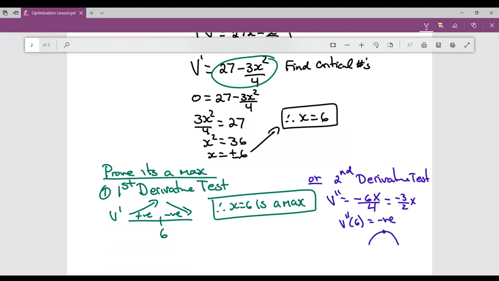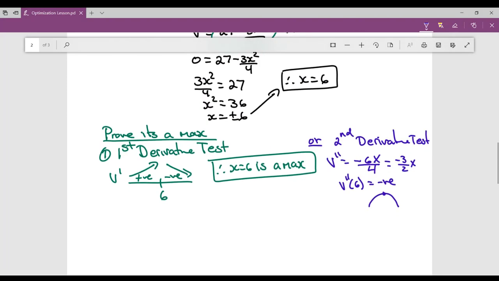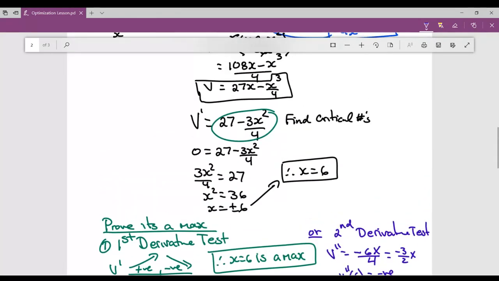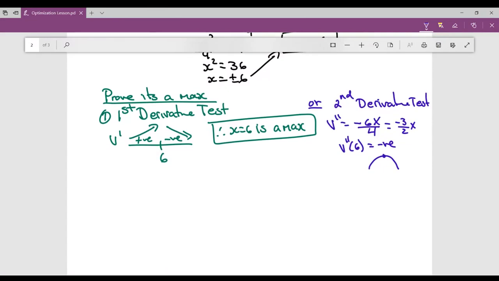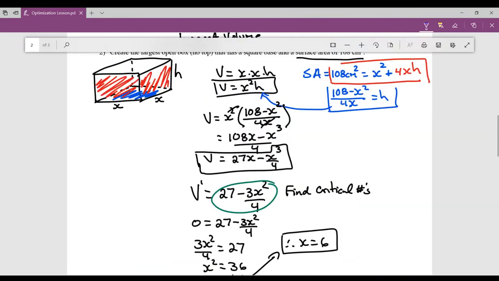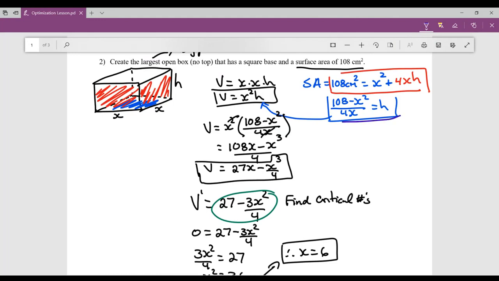There you go. Now that we know that x is 6, how do we find h? So x equals 6. Well, you go back up here and use this formula right here. h is equal to 108 minus x squared over 4x.